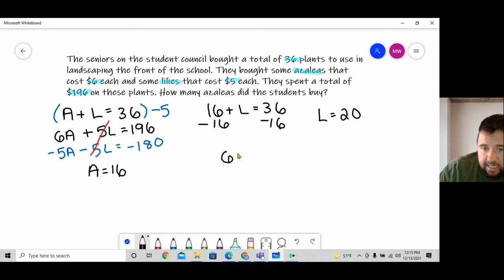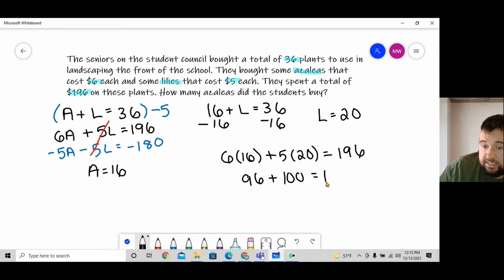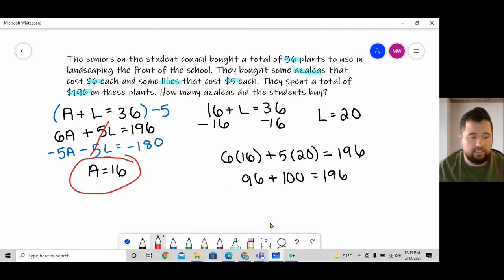What is 6 times 16 plus 5 times 20? Does that equal 196? 6 times 16 is 96. 5 times 20 is 100. And that does equal 196. So they bought 16 azaleas, however you pronounce it.